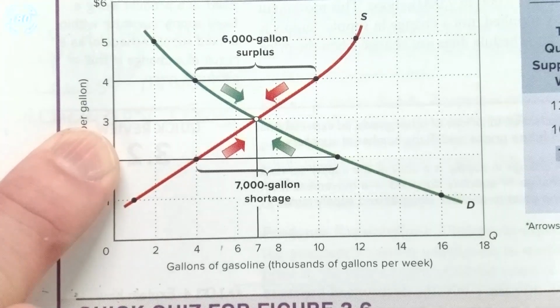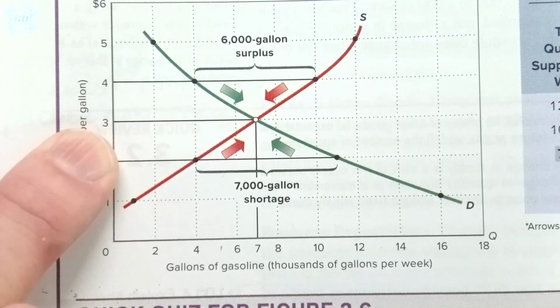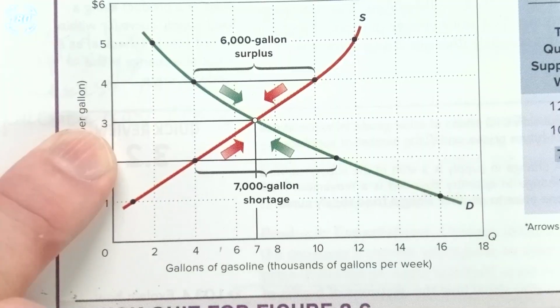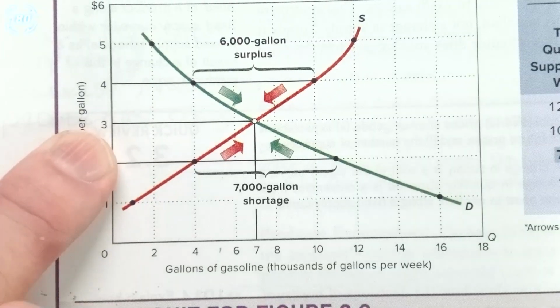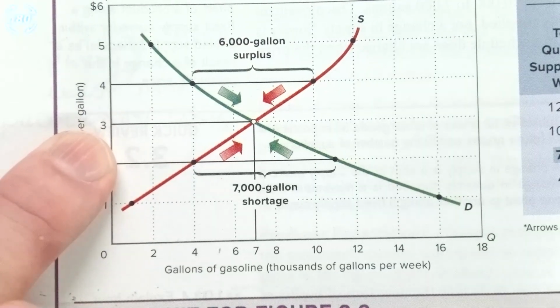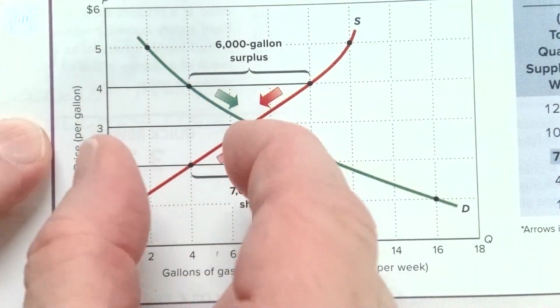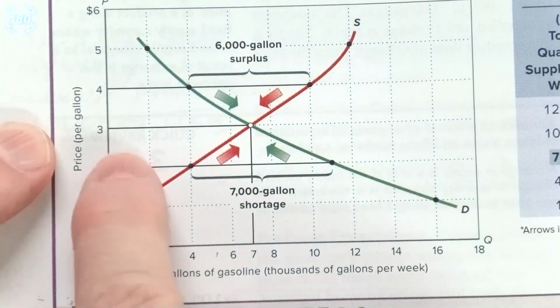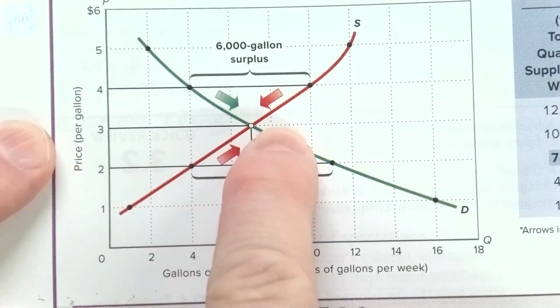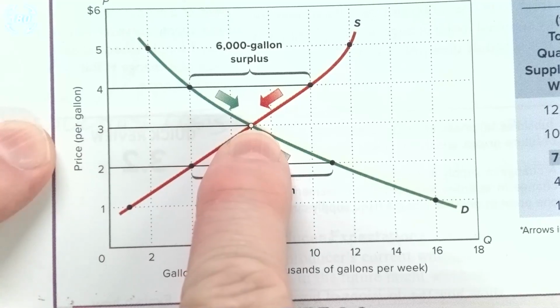So everybody brings their shoes, but also a lot of people come to buy shoes. The market will clear if at the end of the day there are no shoes left for sale and there's no people looking for shoes to buy. It's said to clear. A market clears when the quantity supplied equals the quantity demanded. That is to say, the horizontal distance to the demand curve equals the horizontal distance to the supply curve.